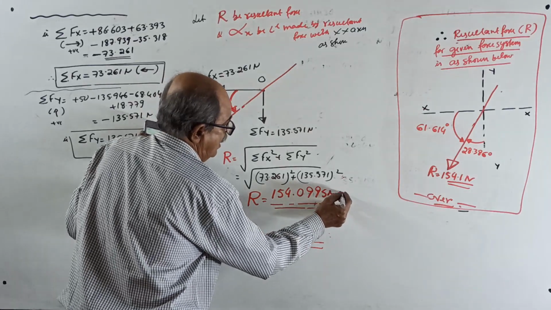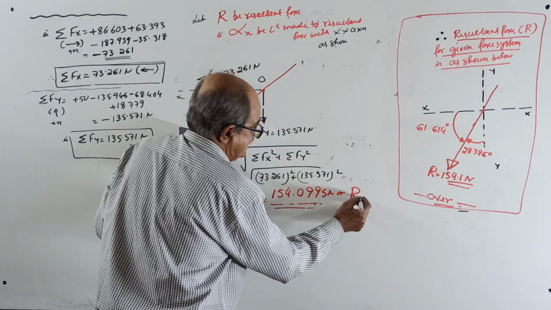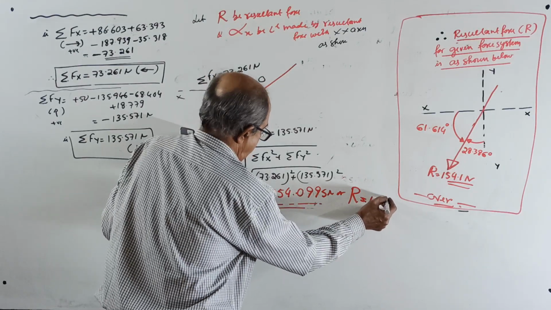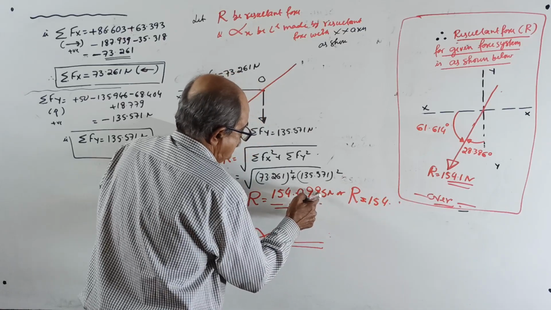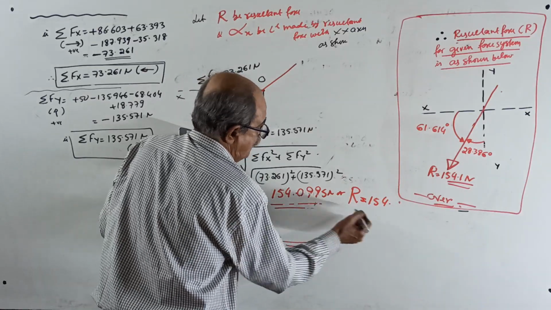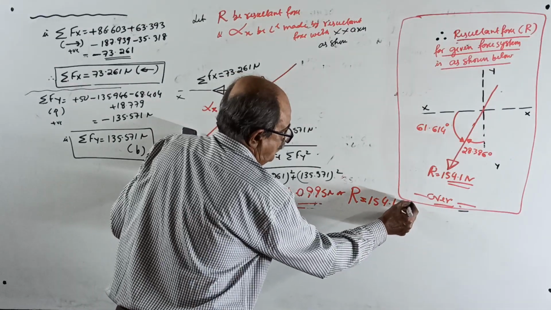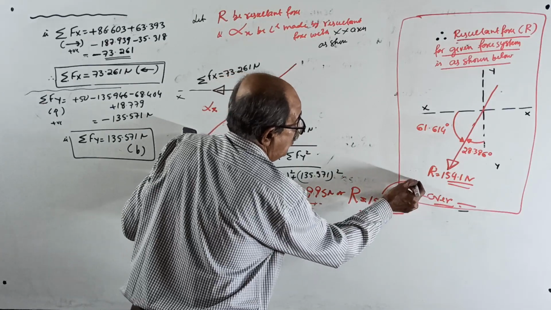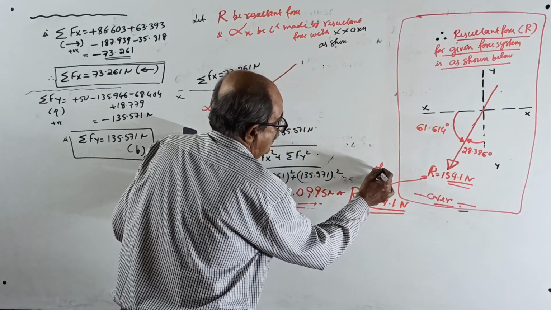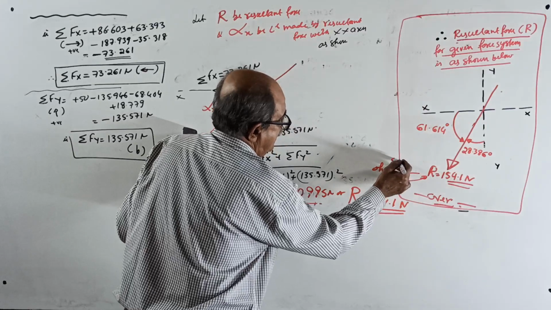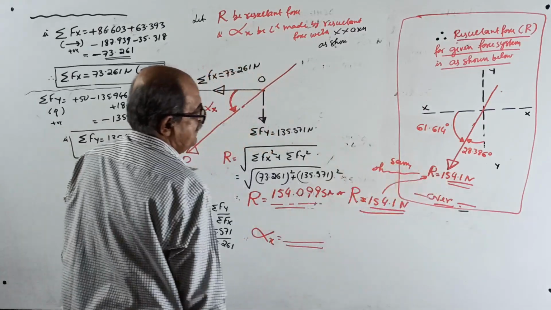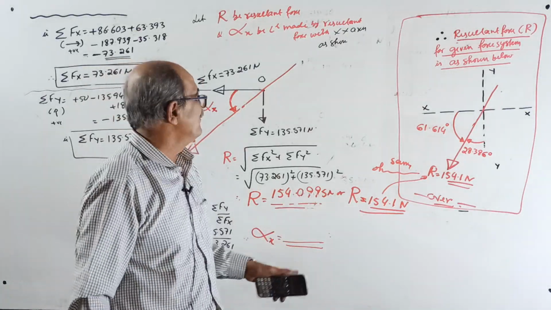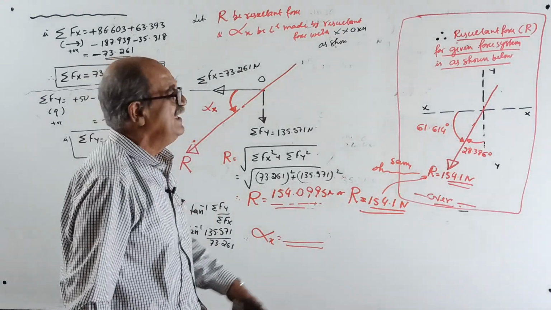154.995 Newton, or when you take the third decimal, the answer. Now shall I look there? Yes. Same answer. Okay, then alpha. If this tallies, it will tally, because if there is any mistake in the calculation, R will not come.